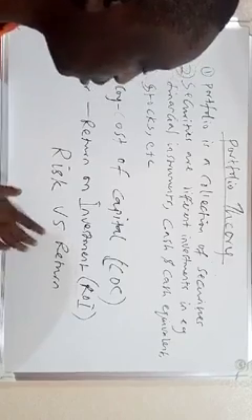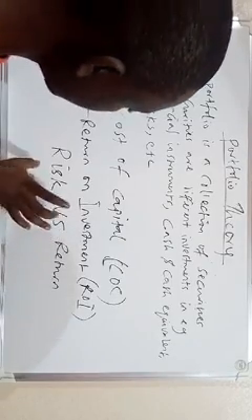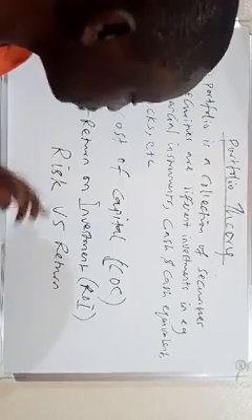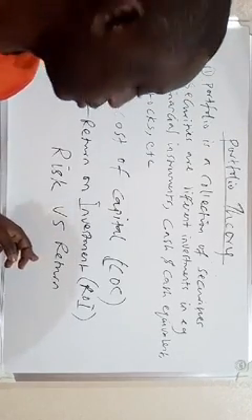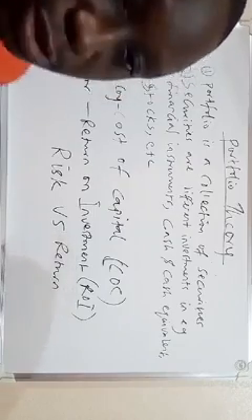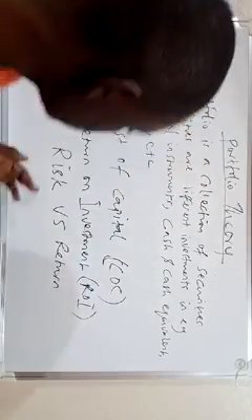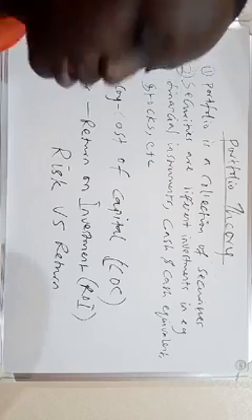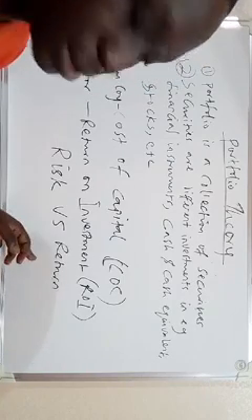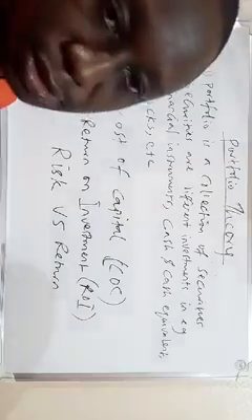So they work pari passu. When the risk is high, it is expected that the return will be high to correspond with the high risk. Investors will not want to invest in a risky investment that has low return.